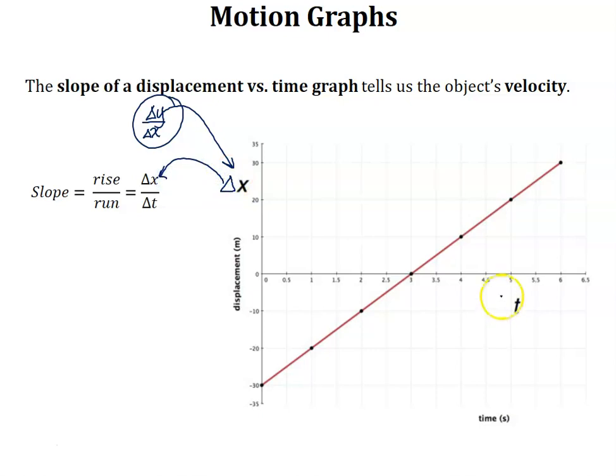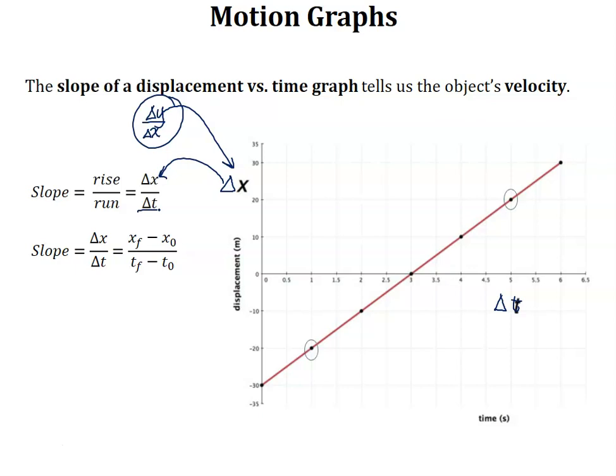The x-axis is going to be our change in time. So the equation is the change in position divided by the change in time, and that would be the final position minus the initial position divided by the final time minus the initial time.